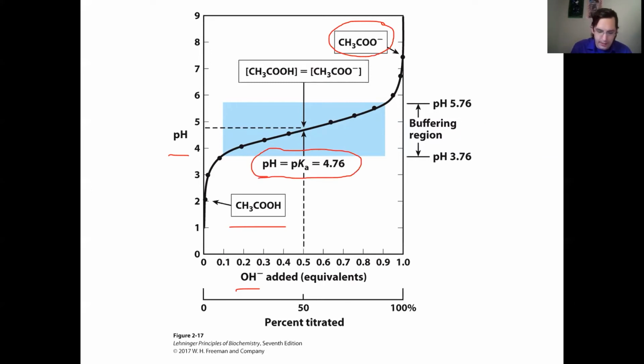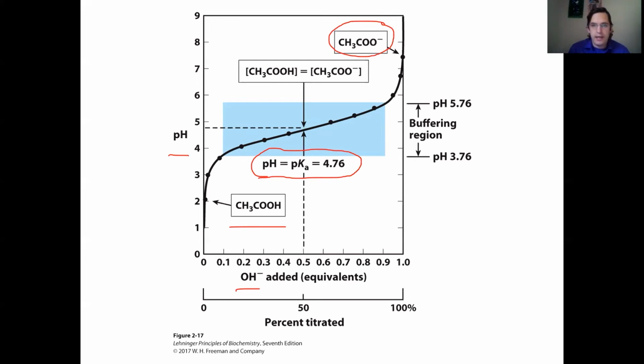So notice that our pH point over here on the y-axis is slightly below 5 at that 4.76 pH, where we hit our pKa. Right? So the pKa tells us the pH at which our weak acid and our conjugate base concentrations are equal.